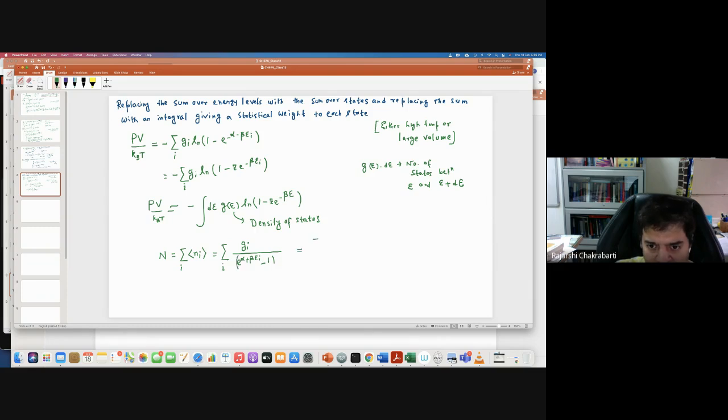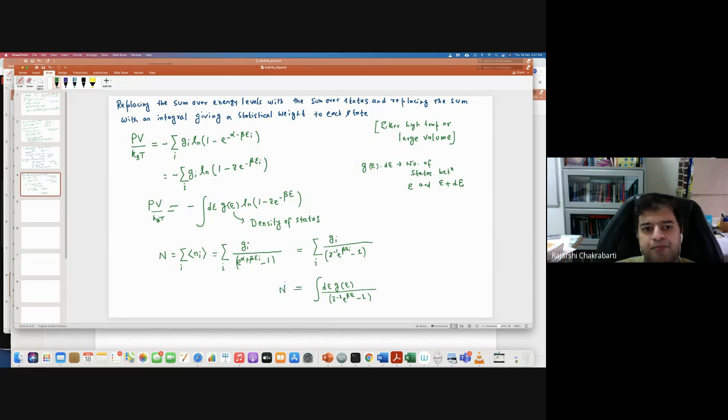I know you have defined a quantity called fugacity. So this one is going to be gi divided by z inverse e to the beta epsilon minus 1, and then I can say this is equal to an integral, replacing that sum by the integral, of g of epsilon d epsilon divided by e to the beta epsilon over z minus 1.